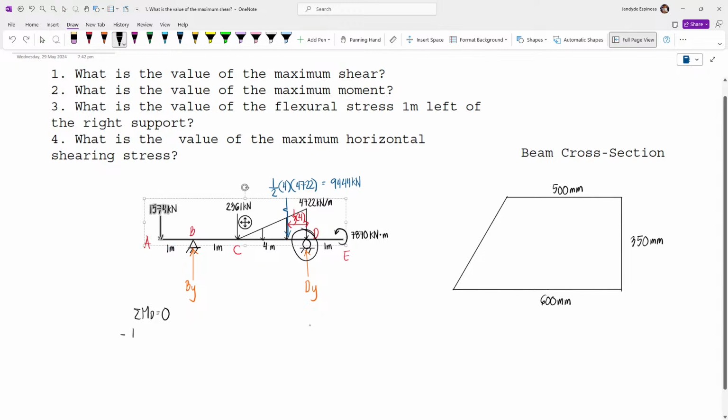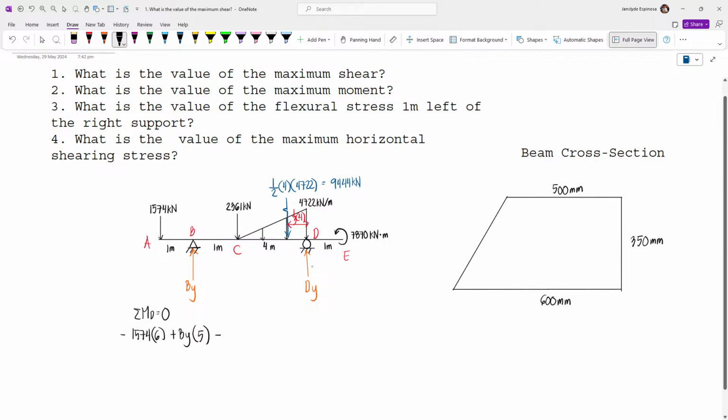So minus 1574 multiplied by the moment arm, which is 4 plus 1 plus another 1. So that's 6. And then plus BY, because that will cause a clockwise rotation. So plus BY multiplied by moment arm 5 meters.